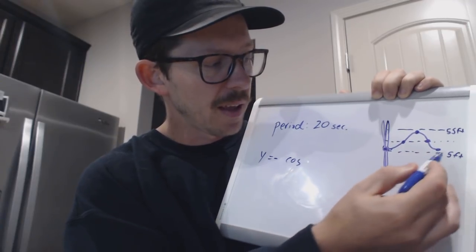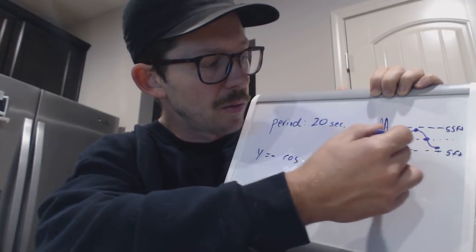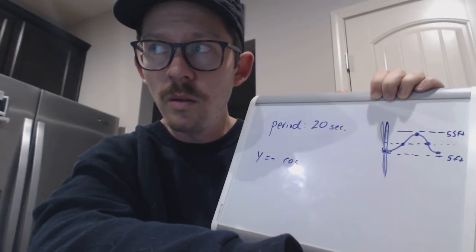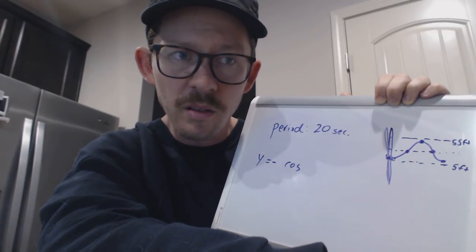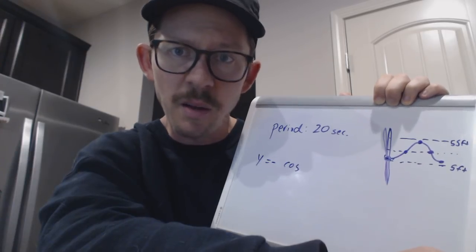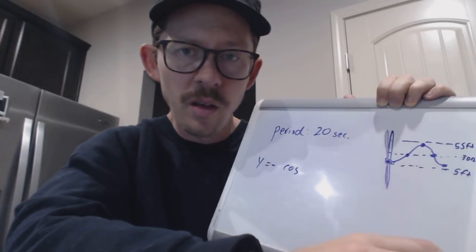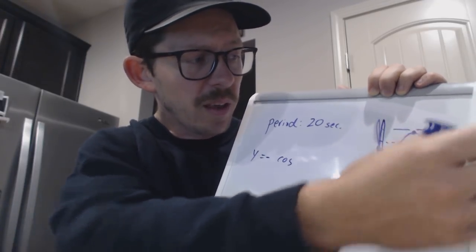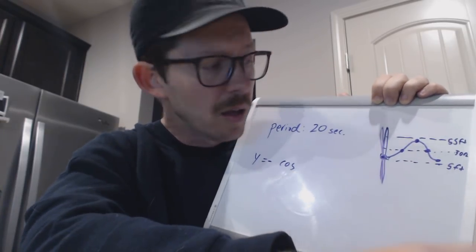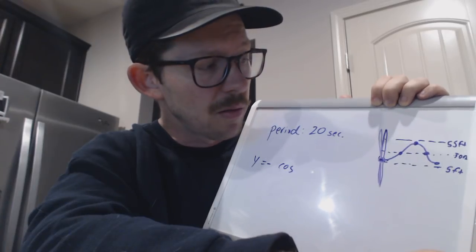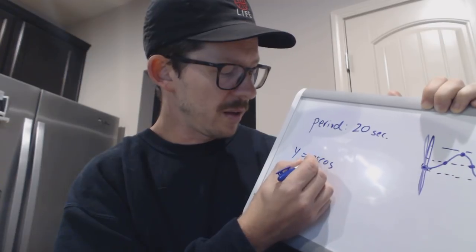Now let's think about that. If this is 5 and this is 55, what would the midline be? Well, what's 55 plus 5? 60, right? What's 60 divided by 2? 30 feet, right? So 30 is the midline. Well, guess what? You know how far up and down it is from the midline? It's 25 feet. And that's the radius, right? So guess what I'm going to put right here? The amplitude is going to be 25.